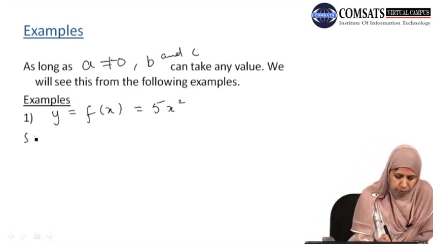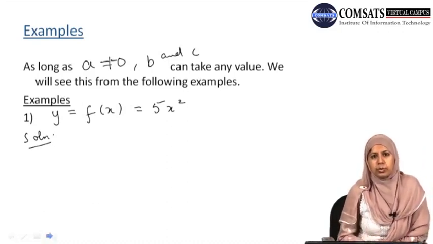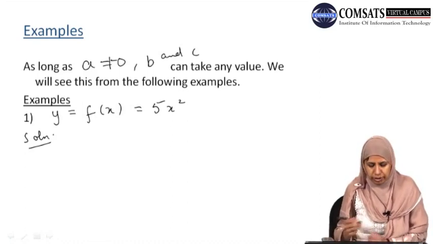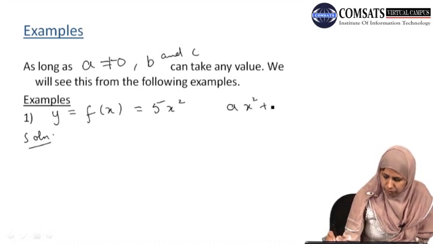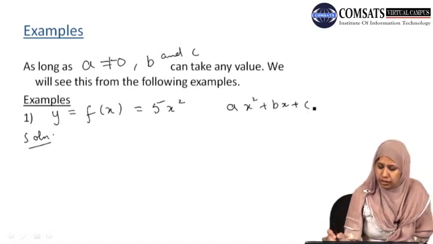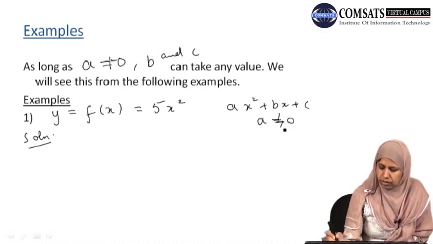Then what we will do? We will simply compare our given function with the general form of the quadratic function. We can write the general form here again, which is ax square plus bx plus c, and a different from 0.